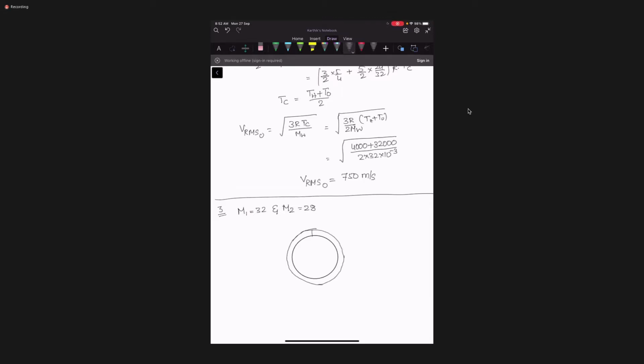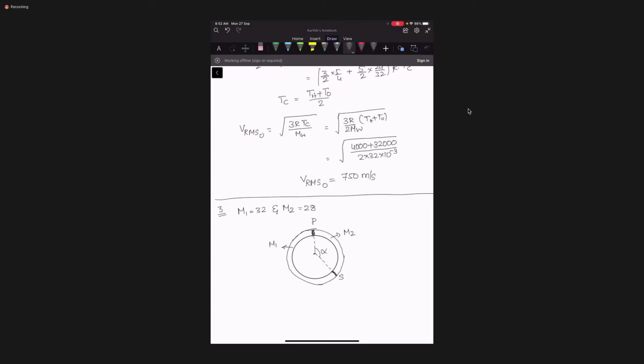So this is P, isn't it? This is S. So S is movable, right? And this is alpha. So this gas is M2 and this side the gas is M1.